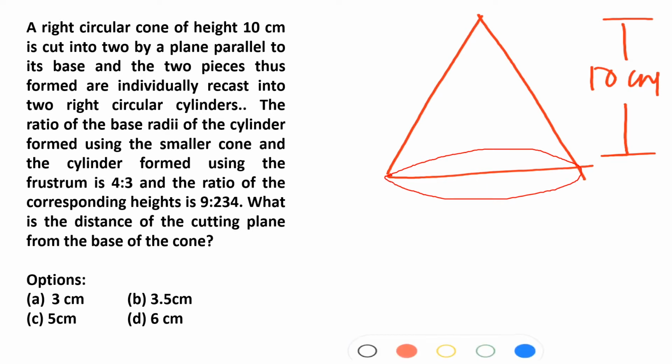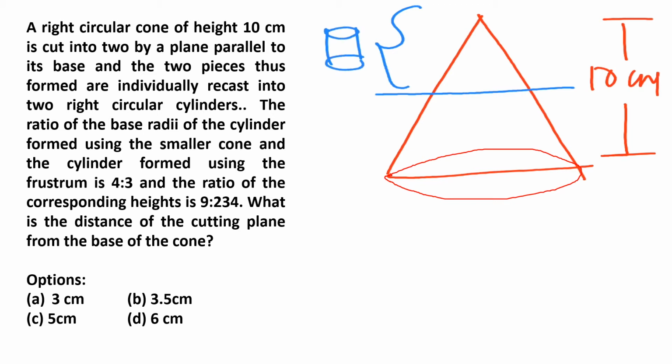That means it's cut like this into two parts. Then the two pieces thus formed are individually recast into two right circular cylinders. That means this will make one cylinder and this will make the other cylinder. So now I have two cylinders.